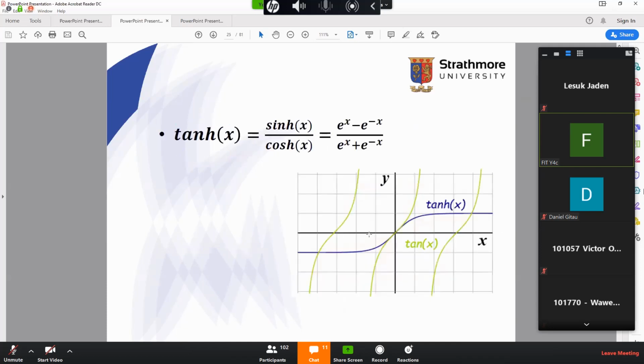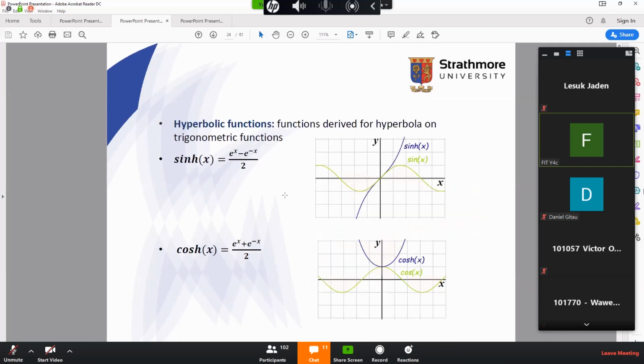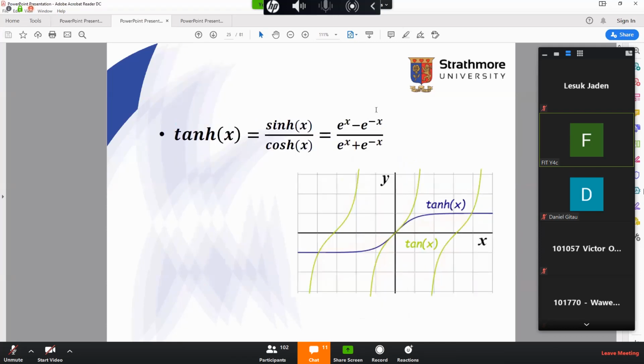But now the most important is going to be tanh, which is called hyperbolic tangent. We are going to call it tanh, which is the same as hyperbolic sine divided by hyperbolic cosine. It's just those 2 formulas combined, so it gives it this formula.